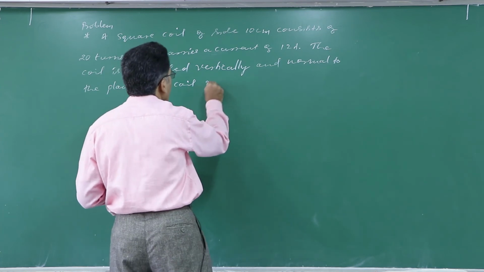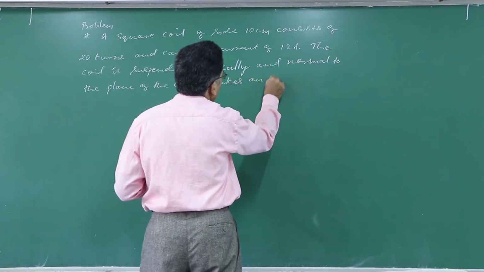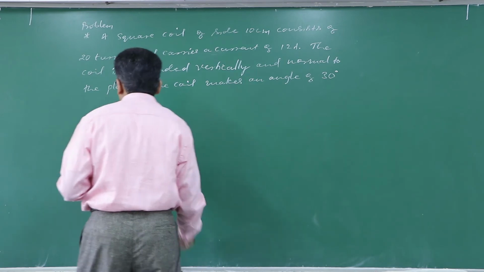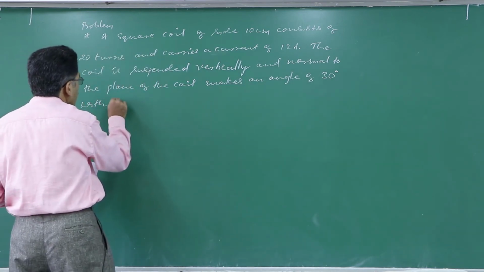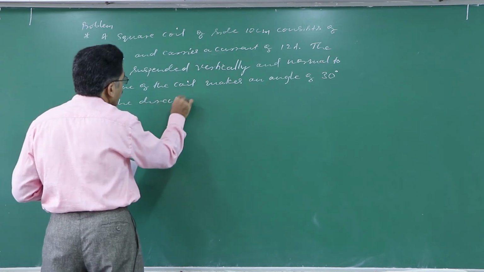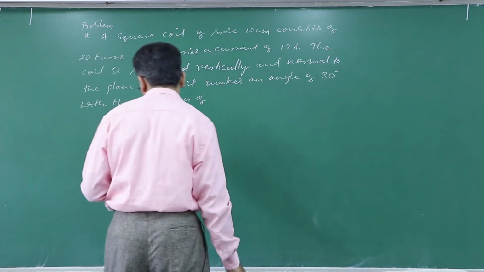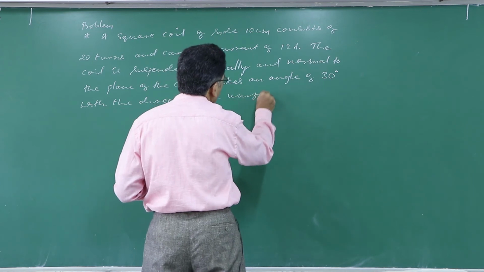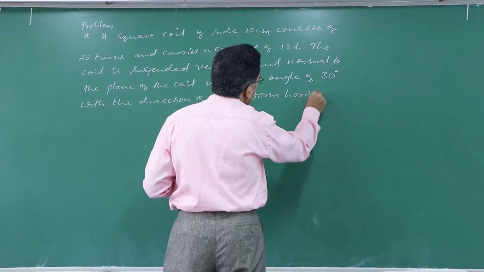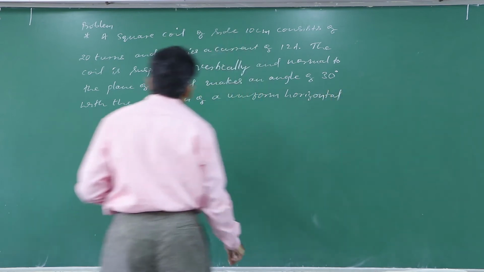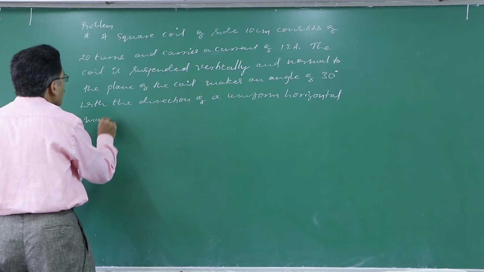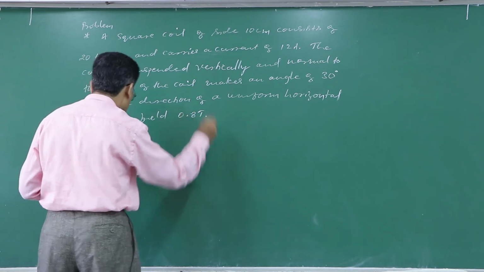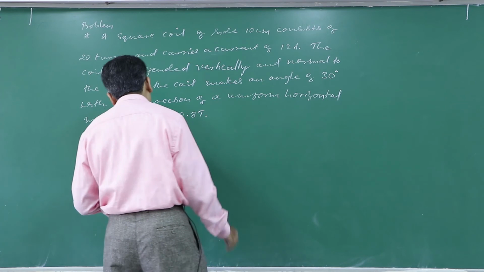makes an angle of 30 degree with the direction of a uniform horizontal magnetic field of 0.8 Tesla.